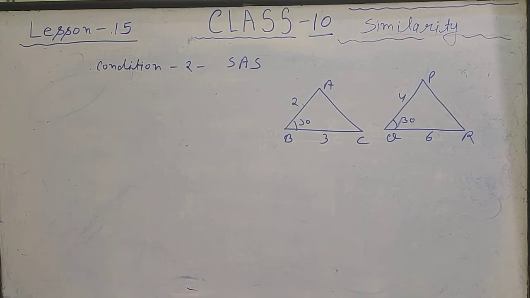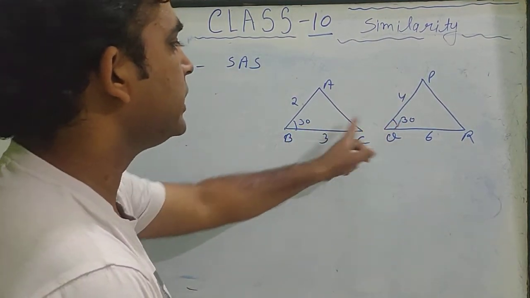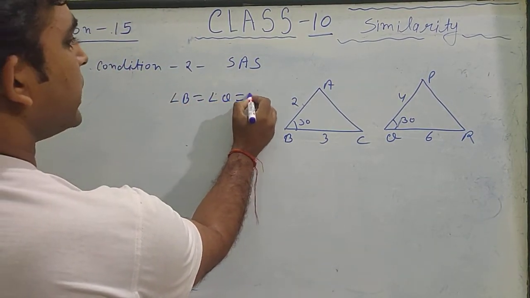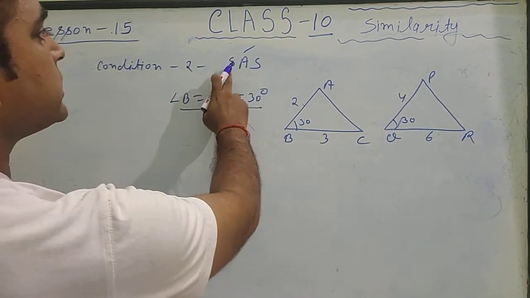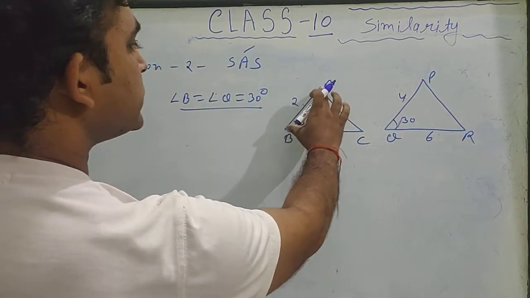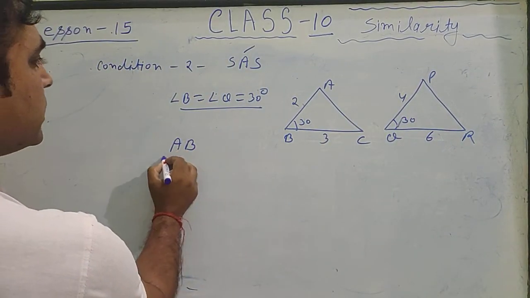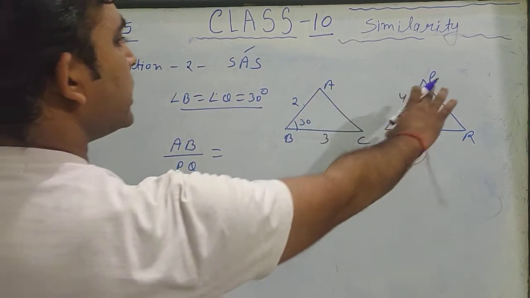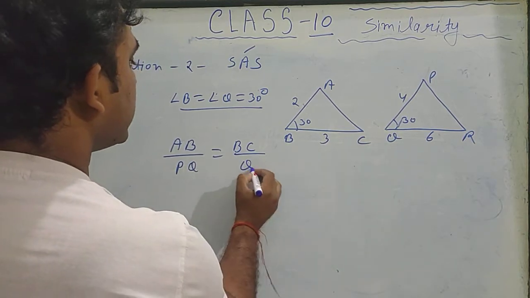Second condition is side angle side, means one angle equal. So angle B is equal to angle Q, that is given 30. So angle first, then side and second side, means the ratio between the two sides is also equal, means AB upon PQ, BC upon QR.